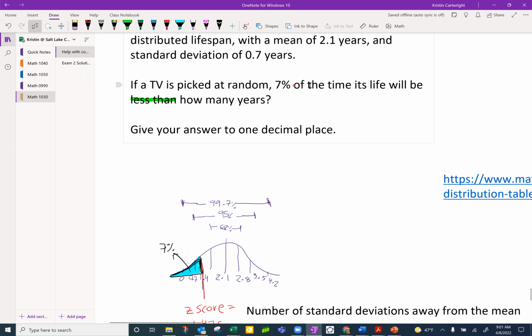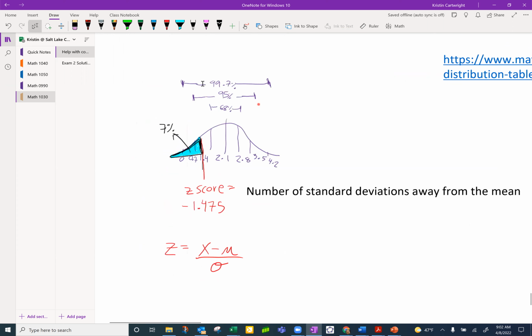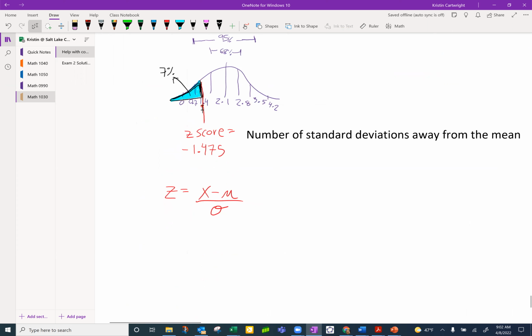to find out what this means in terms of years, if a TV is picked at random, it will last less than how many years. So I'm going to take the Z-score of negative 1.475 on the left. That's my z. My x is what I don't know; that's the thing I'm solving for.